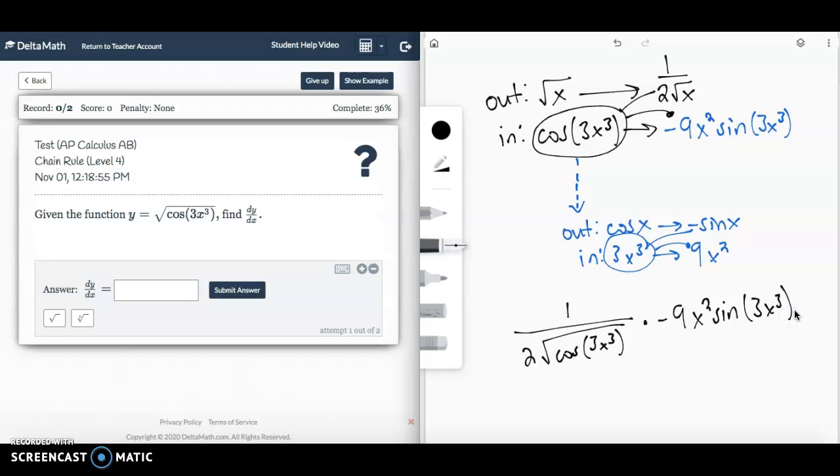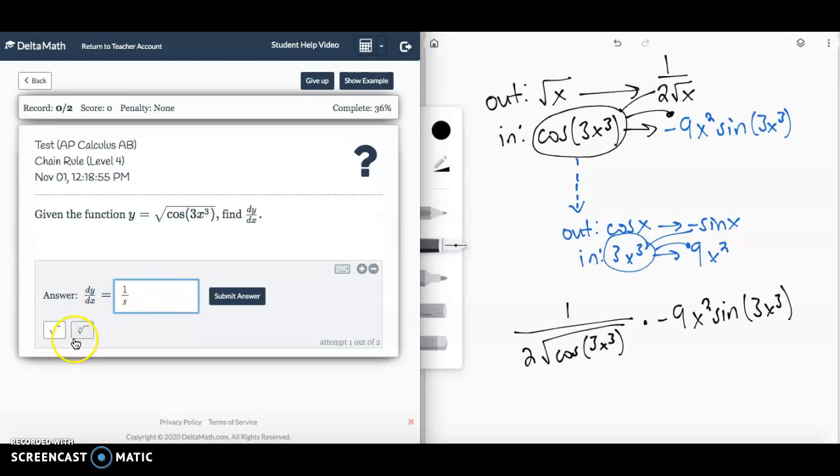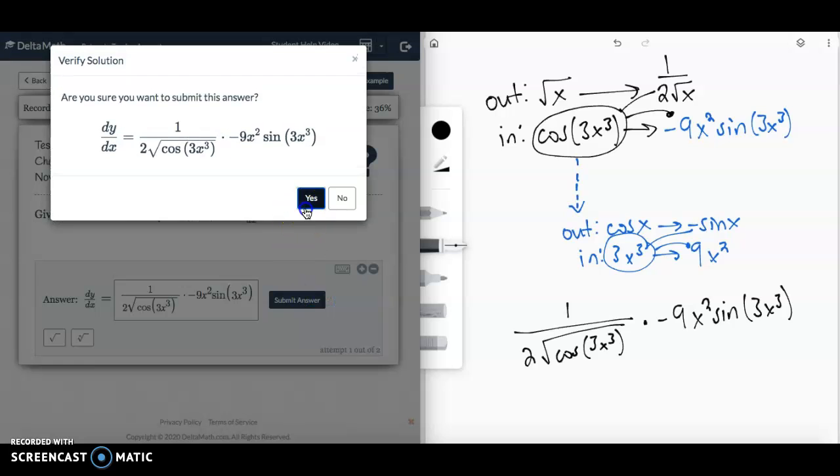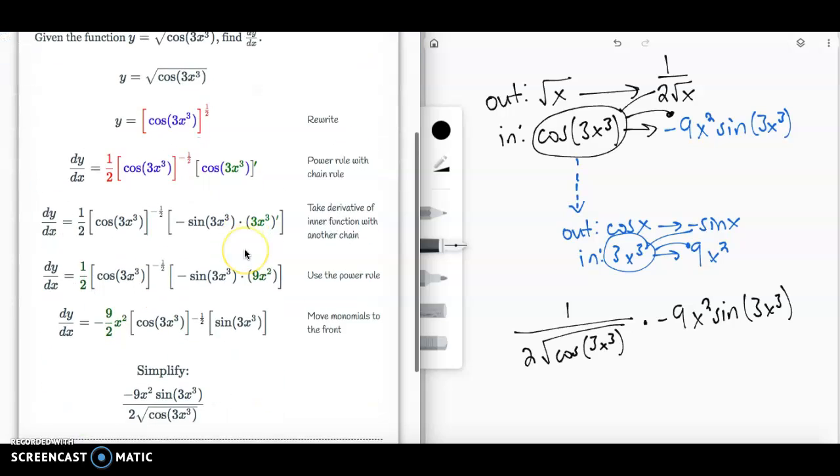Oof, seems like a good one. 1 divided by 2 square root of cosine of 3x cubed, times negative 9x squared sine of 3x cubed. Beautiful.